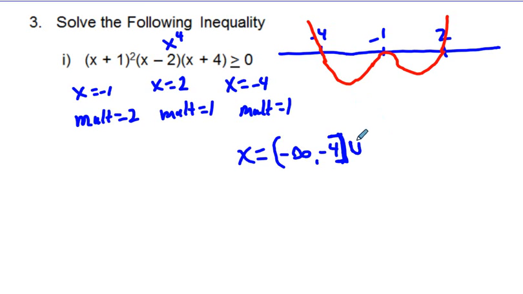So I'm going to bracket negative 1. And then union greater than or equal to 2. So we have 2 comma infinity.